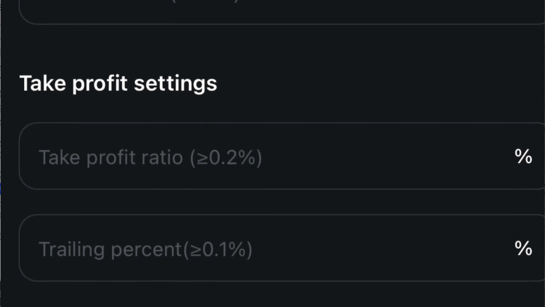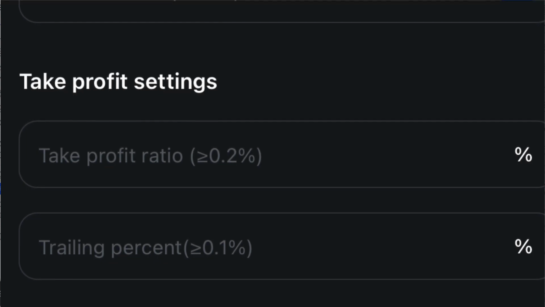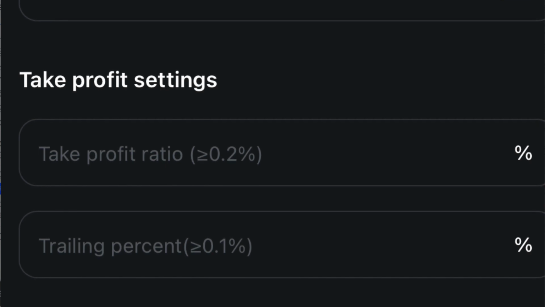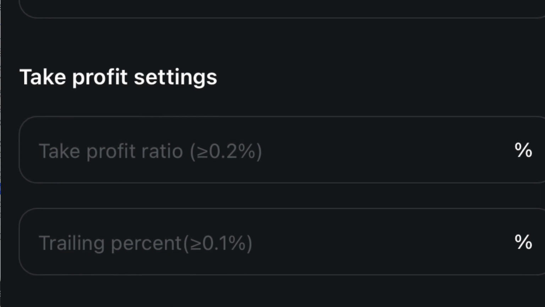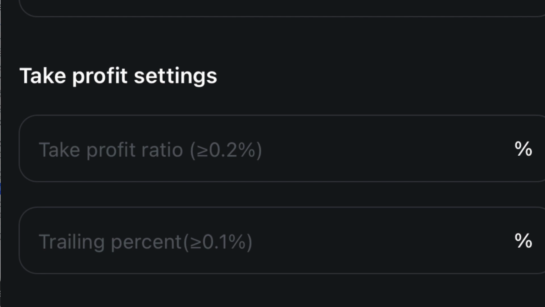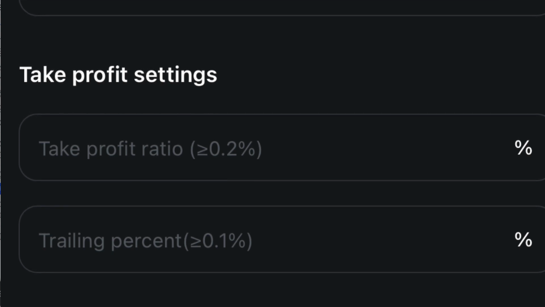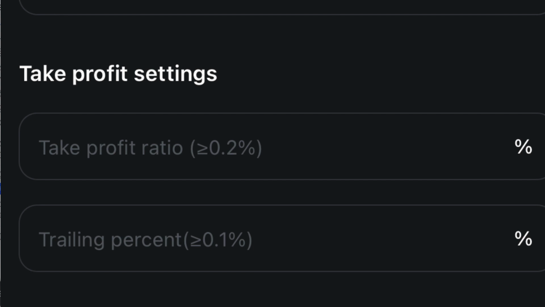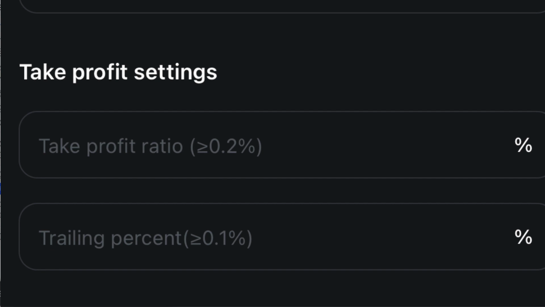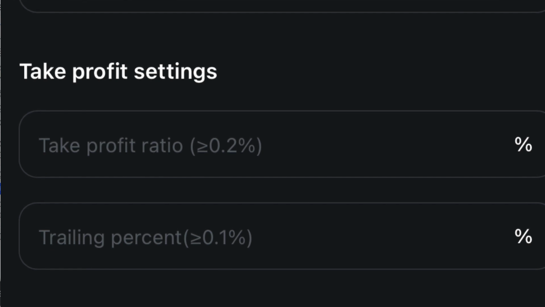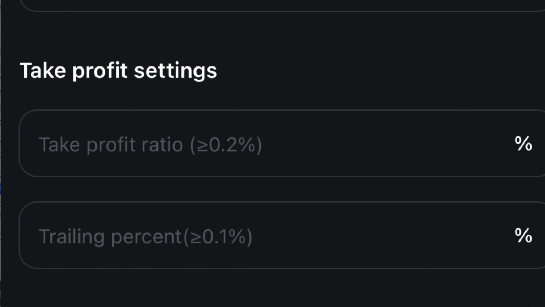But if it rockets and you have a trailing take profit on your martingale, it keeps letting it go higher and higher until the trailing take profit percentage is hit. It may go 100%, and as soon as it drops back to 99.5%, that's when it actually sells. That is a very drastic example. However, it is a real one.